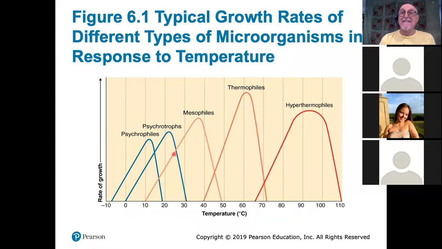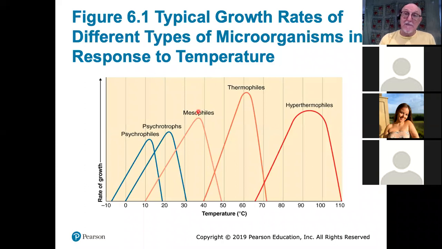The next group are of particular interest to us, because look where their optimum is. Their optimum is here at around about 37 degrees Celsius, 35 to 37 degrees Celsius. So that is the temperature of most mammals. And those, we could expect that these would be prokaryotes which would be associated with us.